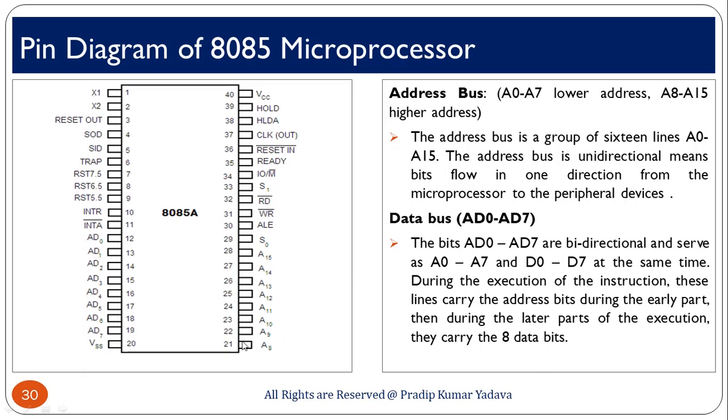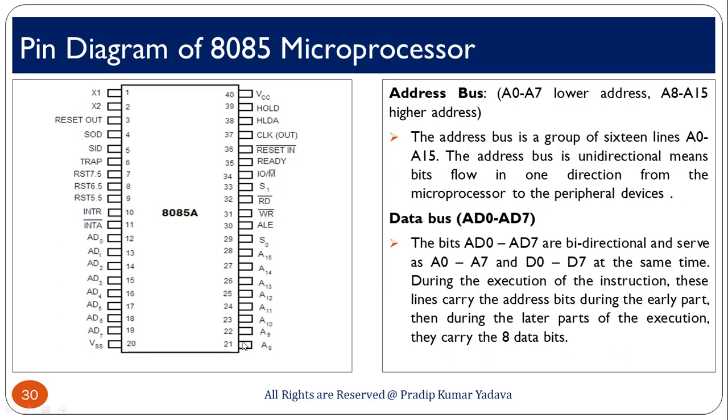A0 to A7 are called the lower address bus, and A8 to A15 are called the higher address bus. The address bus is unidirectional, meaning bits flow in one direction, from the microprocessor to peripheral devices.